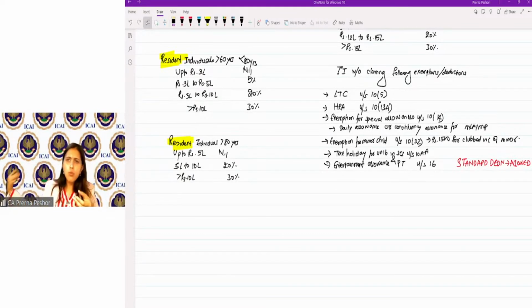And then the rules prescribe those allowances, which are in the nature of food coupons, traveling allowance, conveyance allowance, transport allowance, all of those. Uniform allowances. So basically, those kind of allowances are under 10(14). Now, here they say under 10(14), the allowances will not be allowed, but it says other than prescribed.